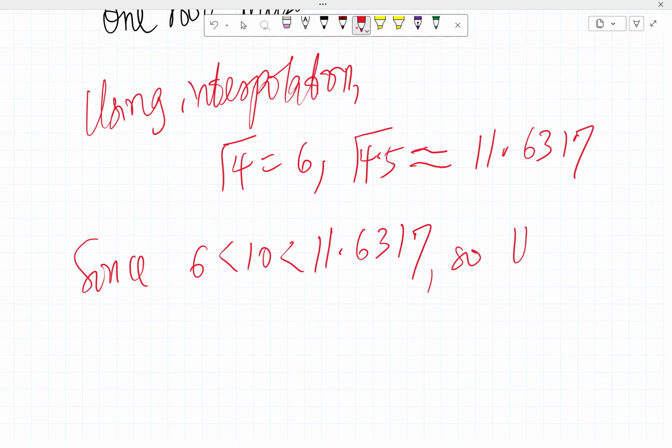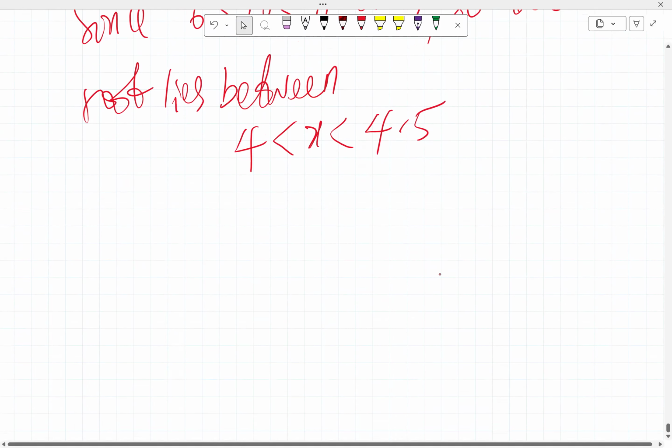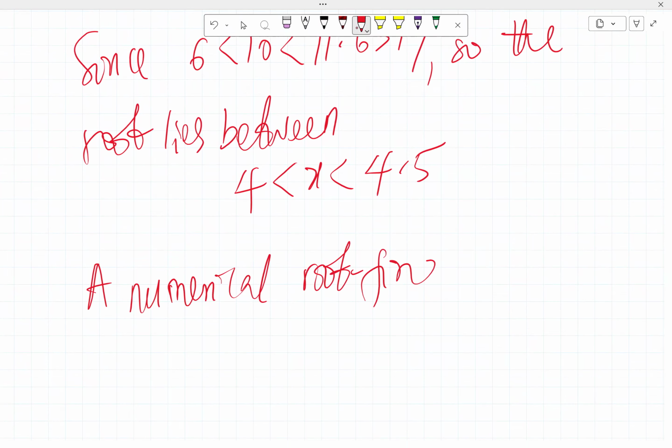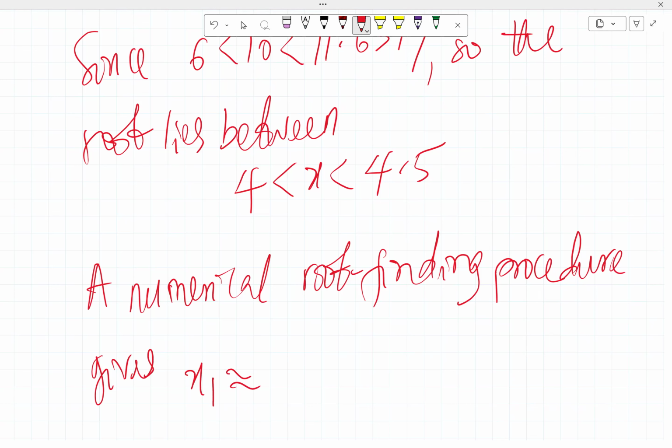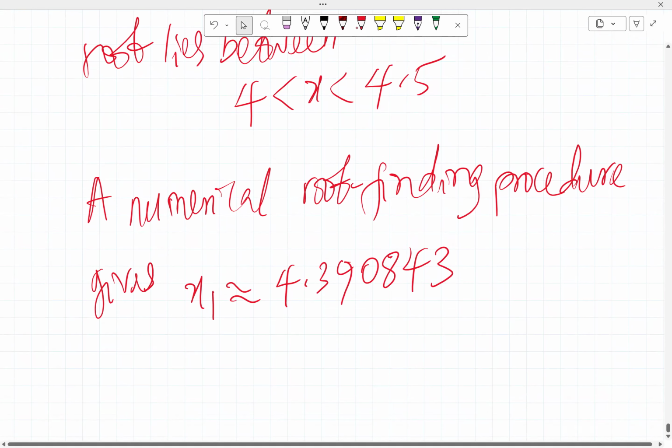So the root lies between, it looks like some kind of bisection, 4 less than x less than 4.5. A numerical root finding procedure gives x1 approximately 4.390843.